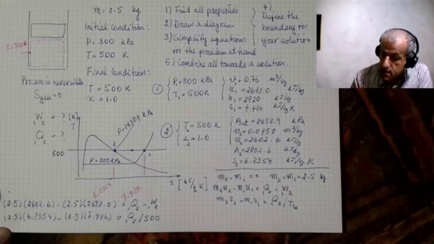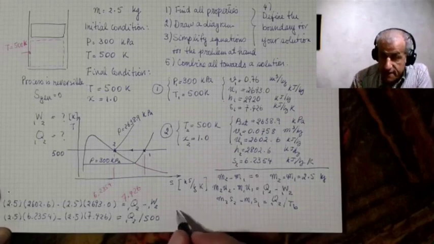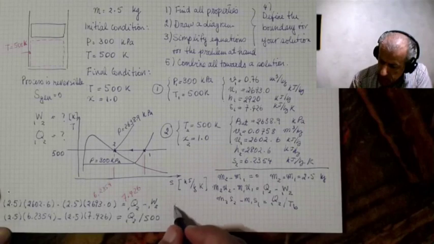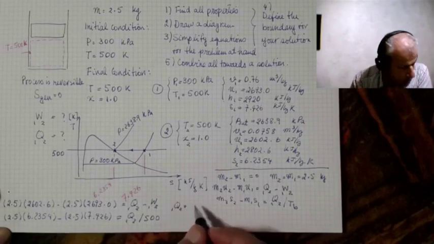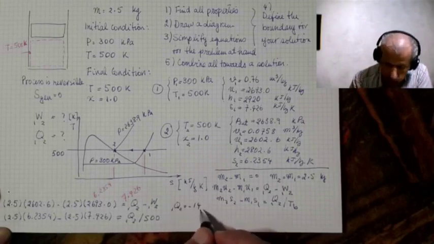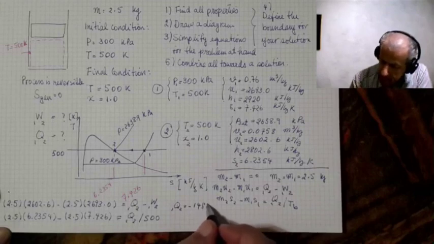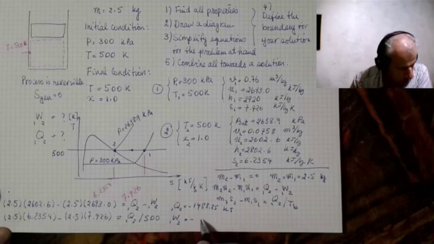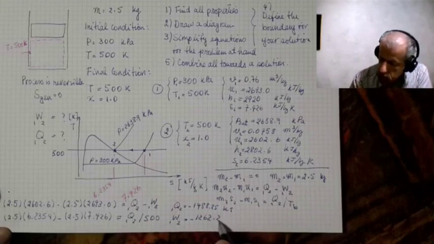These two equations simply give us a very simple answer, and that is Q12 equals minus 1488.25 kilojoules, and W12 equals minus 1262.25 kilojoules.